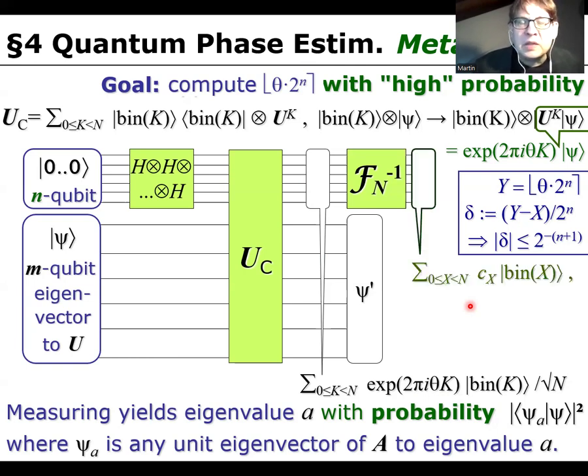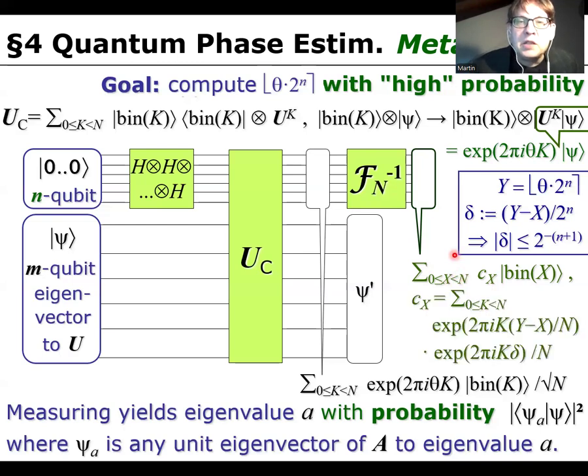And then the result will again be an entangled state containing weights Cx to all basis vectors enumerated with capital X, ranging from 0 to 2 to the small n, excluding. And here's the formula for this weight, a complex weight, which is given by another sum, exponentially many terms here with index capital K. And again, I ask you to verify that this is the correct expression.